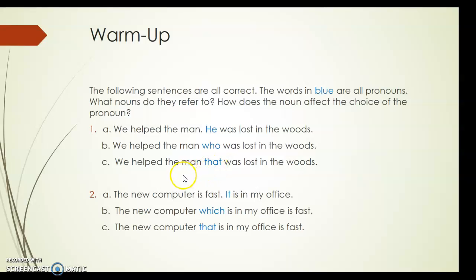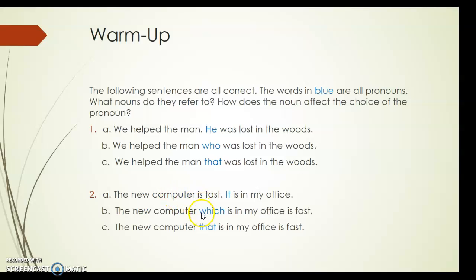Okay, let's look at another example. The new computer is fast. It is in my office. Now, the pronoun in blue is still referring to the same noun, the new computer in the first sentence.